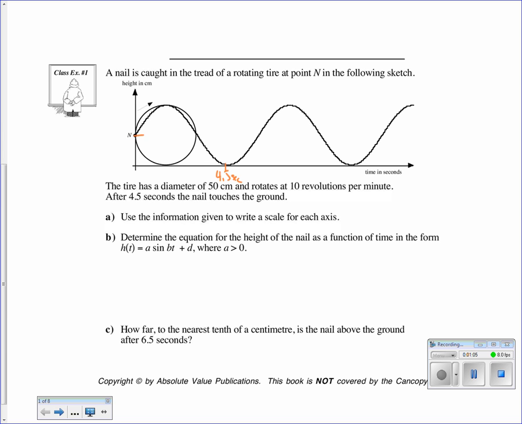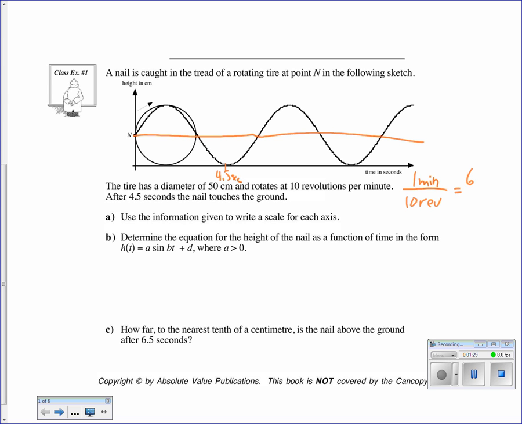And we want to get some understanding of period. I did 10 revolutions per minute. That means in 1 minute, I did 10 revolutions. How long does it take me to do one revolution?